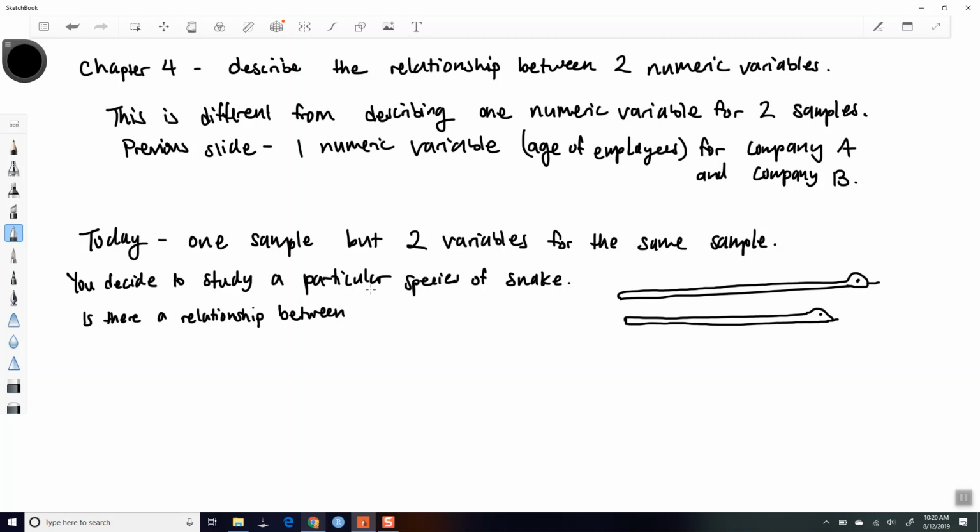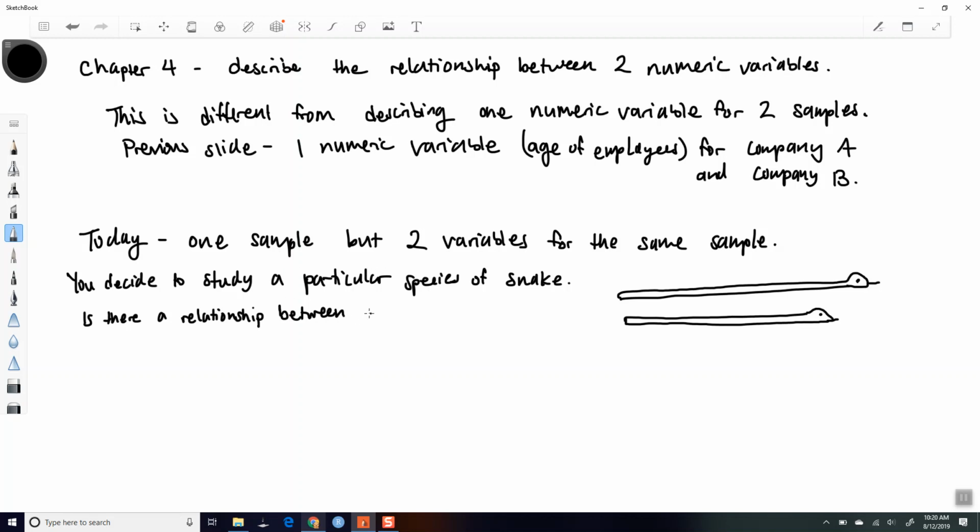Giraffes have the same number of neck bones as a human, I think. It's just that their neck bones are longer, obviously.